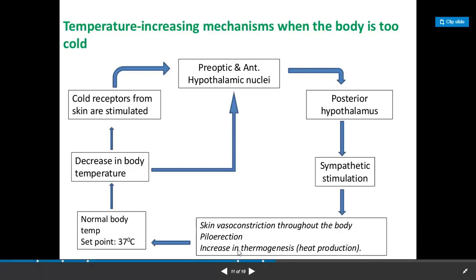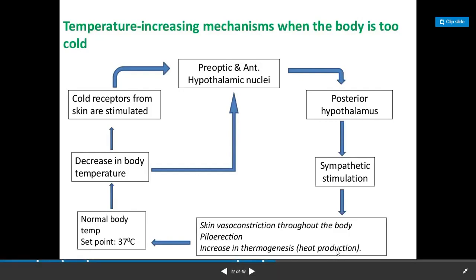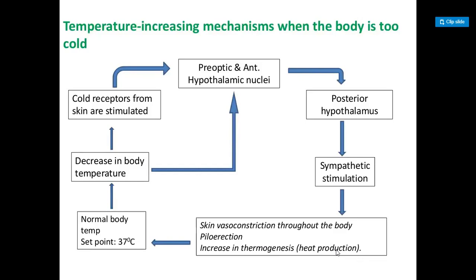And then there will be an increase in thermogenesis, heat production, which is done by thyroxine. So thyroxine will increase all metabolic processes. There will be an increase in your metabolic rate. Thyroxine acts as a thermogenin, or causes thermogenesis, the production of heat.